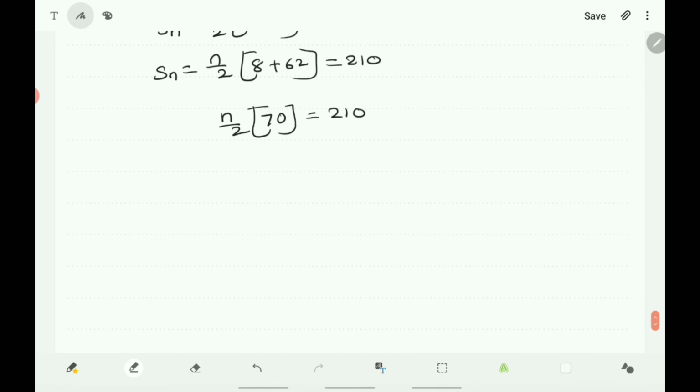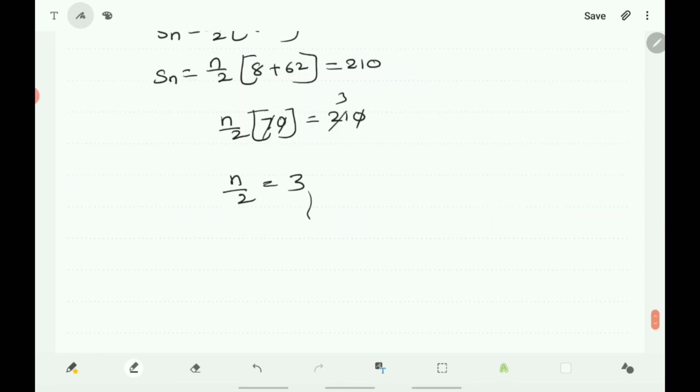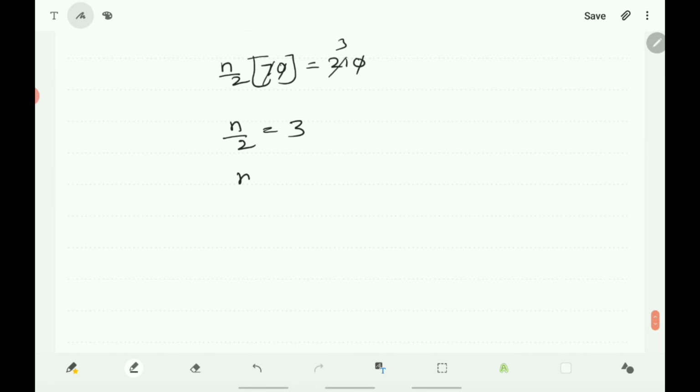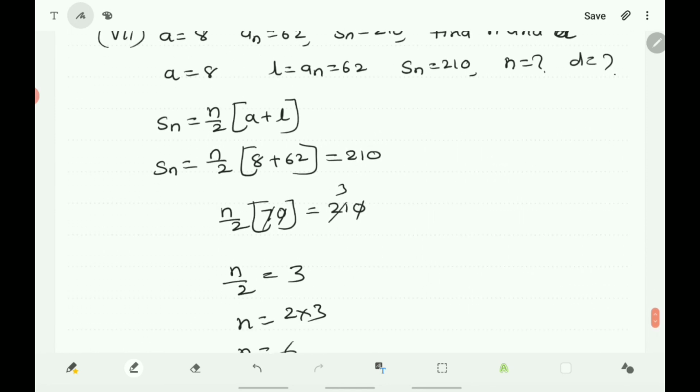Then here you can cancel 0, 0 cancel, 7 ones are 7, 7 threes are 21, that is n by 2 is equals to 3, and n is equals to 2 into 3, that is n is equals to 6. You got the value of n here.